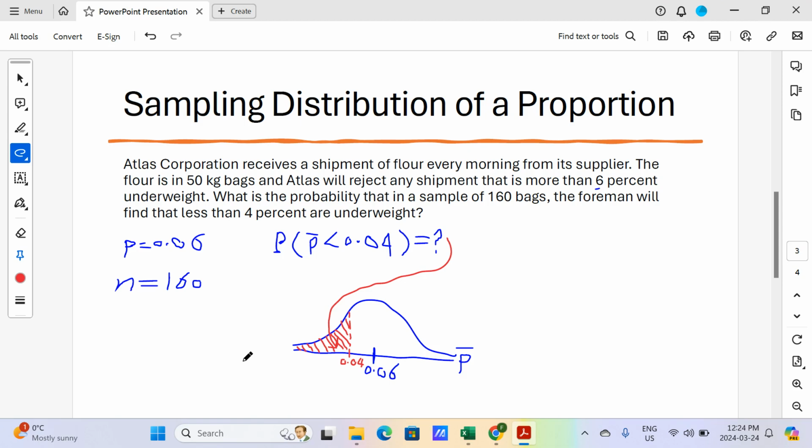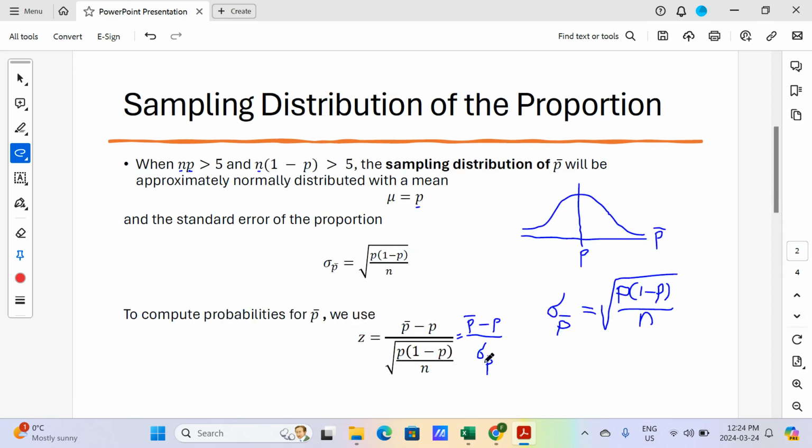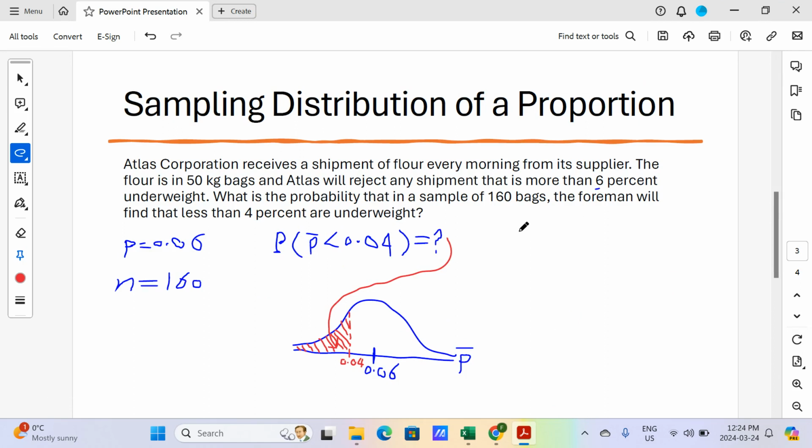I just need to convert P bar 0.04 to Z by this formula. Let me write that for you.